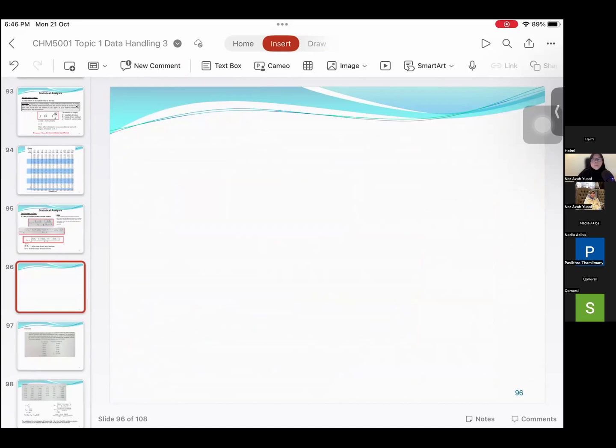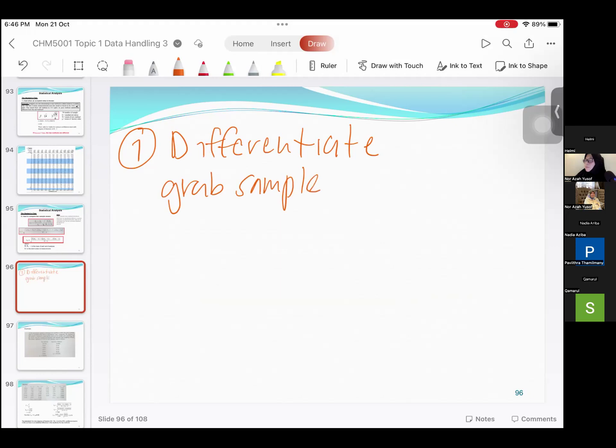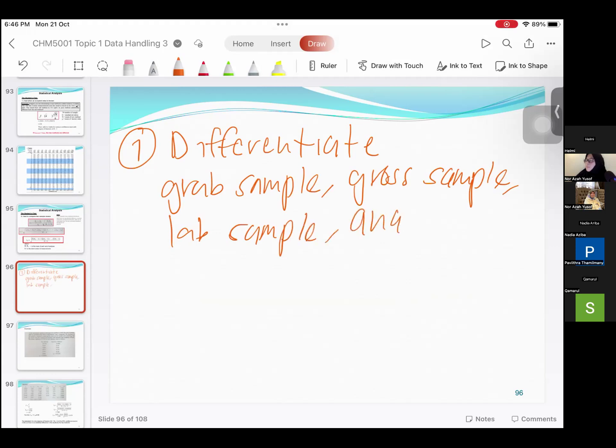Just to test your own understanding, first ask yourself: differentiate grab sample, this is from last week, gross sample, lab sample, and analysis sample.